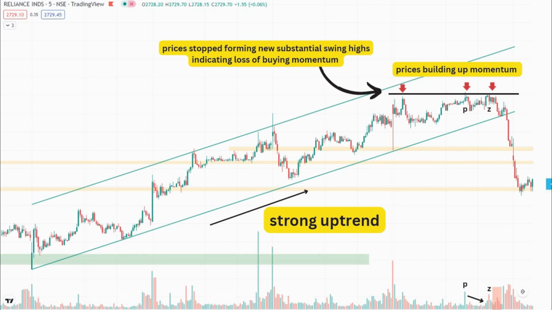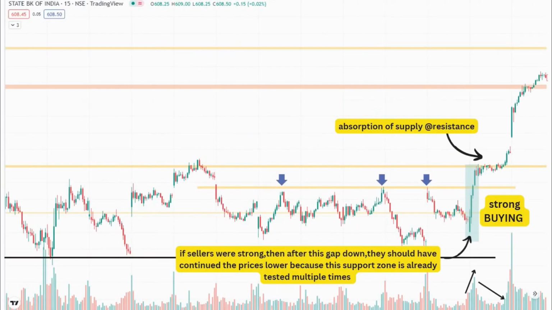Now we will look at another example. So this is another example, State Bank of India on the 15 minutes time frame. So here, as you can see, State Bank of India is in a range.